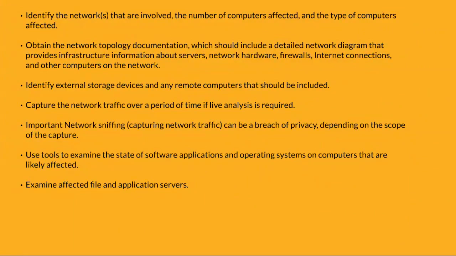Identify the networks that are involved, the number of computers affected, and the type of computers affected. Obtain the network topology documentation, which should include a detailed network diagram that provides infrastructure information about servers, network hardware, firewalls, internet connections, and other computers on the network.